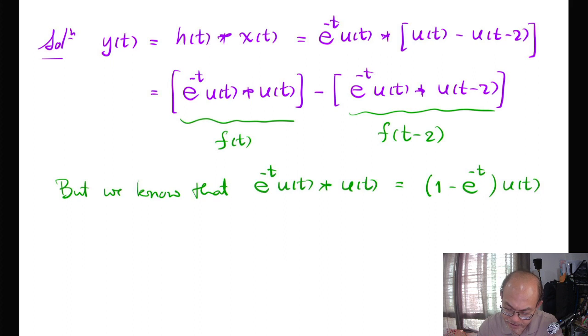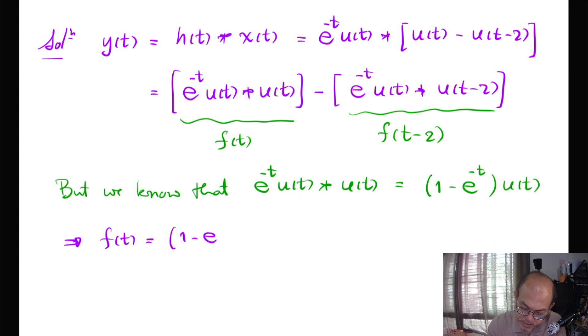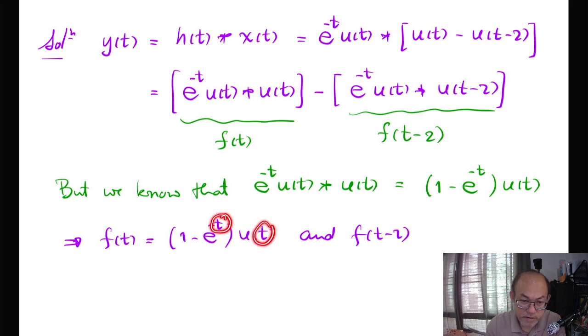That means the function f is (1 minus e to the minus t) u of t, and f of t minus 2, simply replacing t with t minus 2, is equal to (1 minus e to the minus (t minus 2)) u of t minus 2.